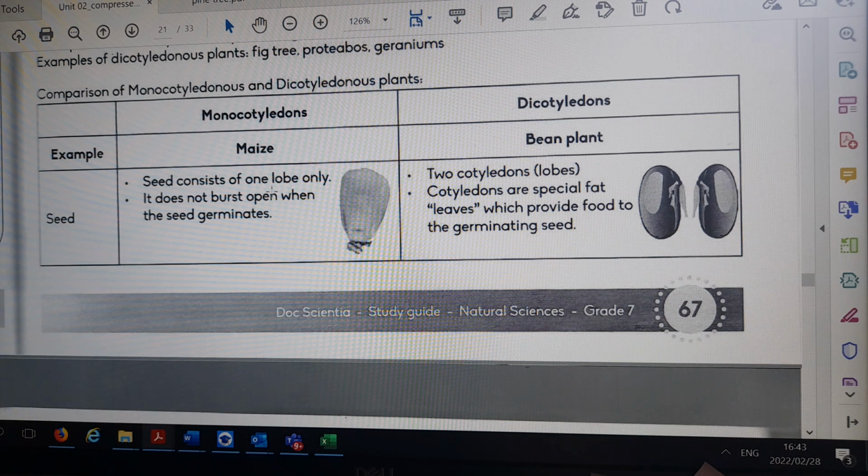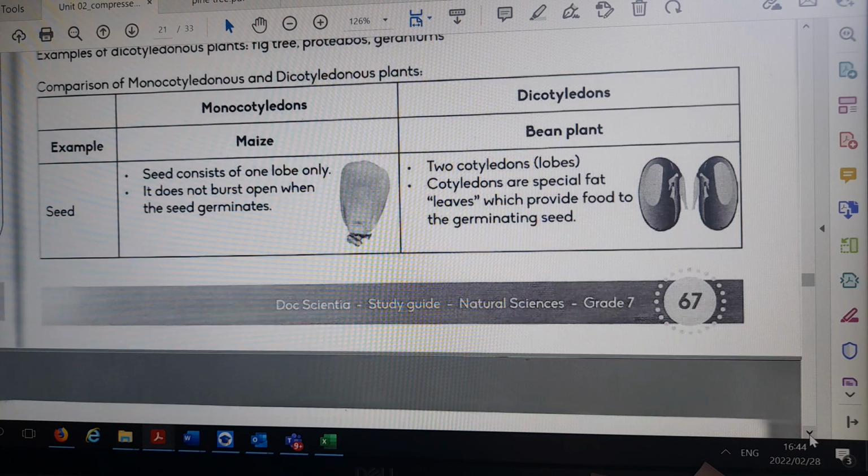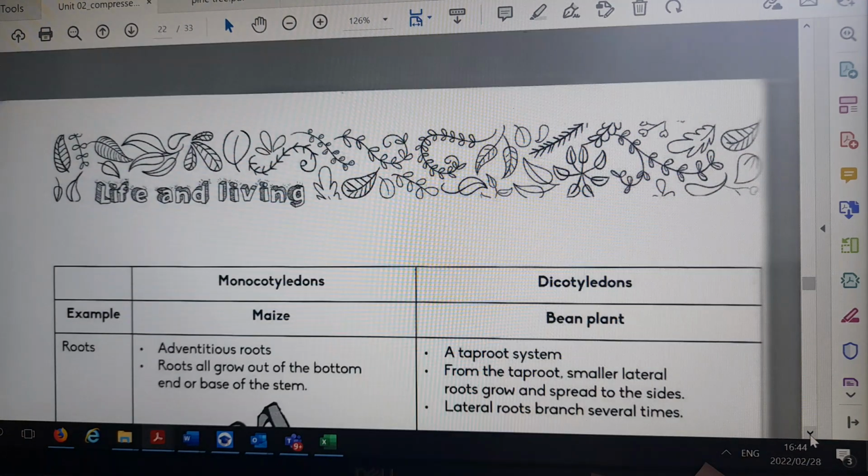The seed consists of one lobe only. It does not burst open when the seed germinates. And the bean plant has 2 dicotyledons or lobes, and cotyledons are special fat leaves which provide food to the germinating seed.